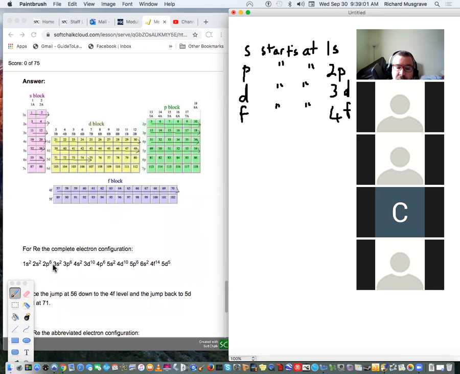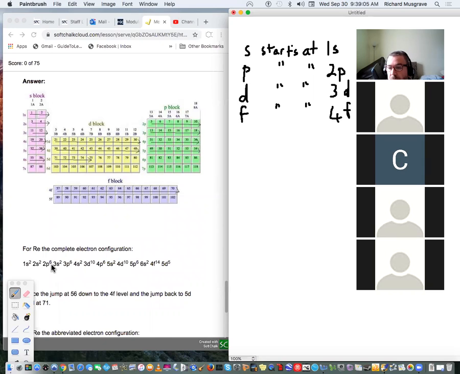Does anybody have any questions? So for the d block, there has to be 10 electrons in that shell for it to be stable, not 8? Well, it's not so much about stability. There's going to be 10 electrons in the d block: five total orbitals, but 10 electrons.